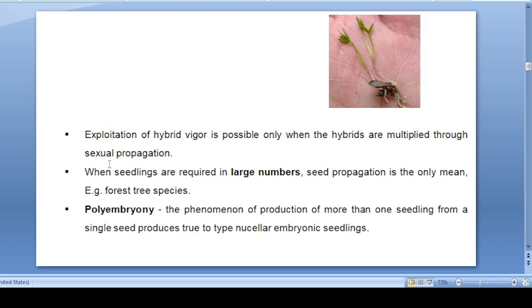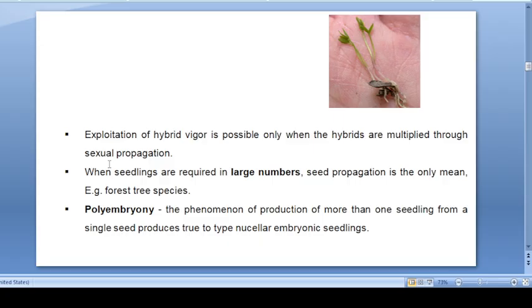It is also called heterosis. This can be extensively exploited through seed propagation. Next, if we need a large number of seedlings, we can also use vegetative propagation, but we cannot expect true to type, and uniformity cannot be achieved.